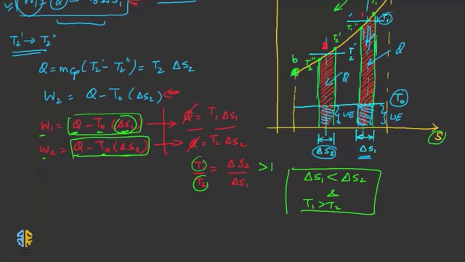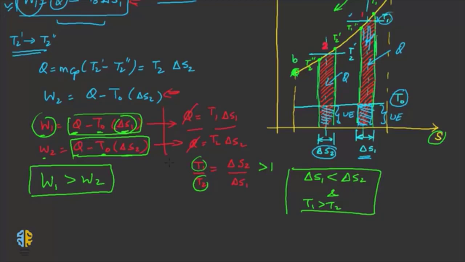So this means that W1 becomes greater than W2. So this means that the loss of available energy is more when the heat loss occurs at higher temperature as compared to when the same heat loss occurs at lower temperature.